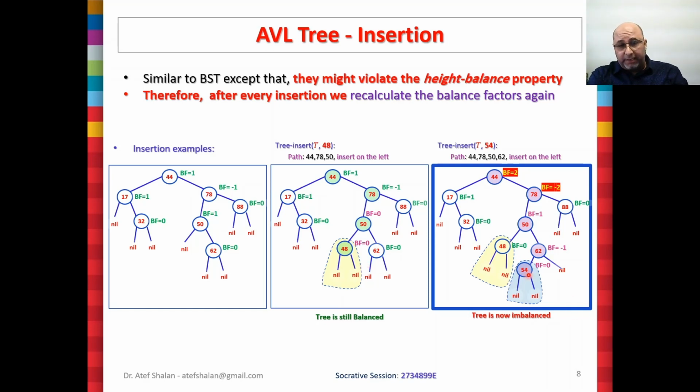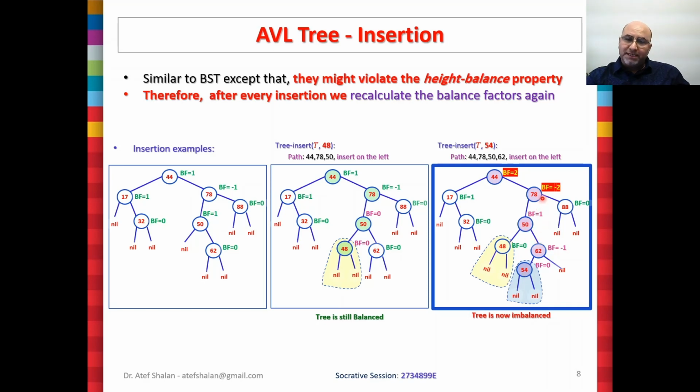Now, that is okay, except for one thing: when I recalculate the balance of this tree, I will find a violation of the height balance property. The node 54, which I just inserted, has a balance of 0. The node 62 has a balance of -1. Node 50 has a balance of 1, because this is 2 minus 1.